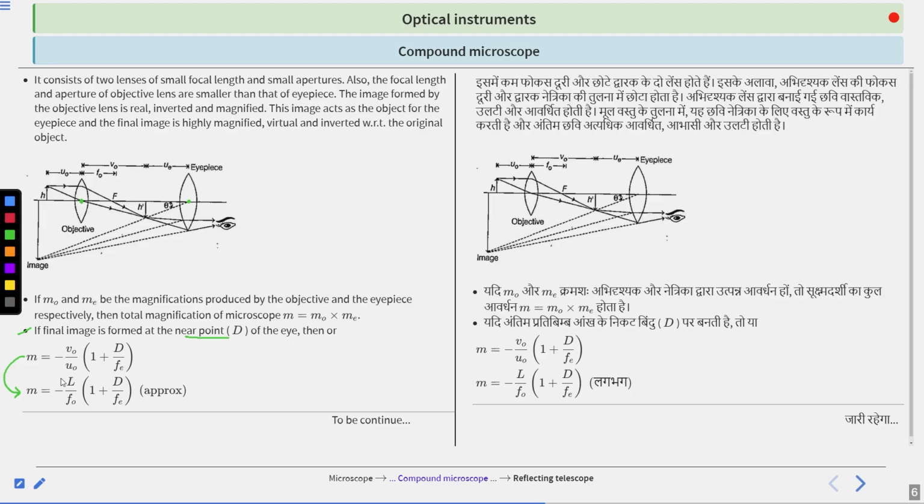So M is equal to L divided by fo, times 1 plus D by fe, is the magnification when the image is formed at the near point, and that near point of the eye is represented by D. Clear? And D is equal to 25 centimeters. I hope this point is clear. So this is the compound microscope.